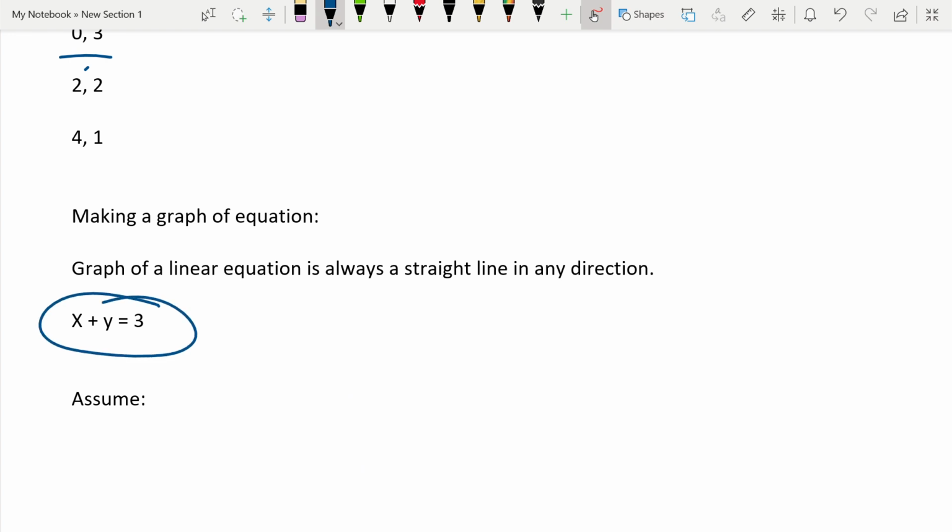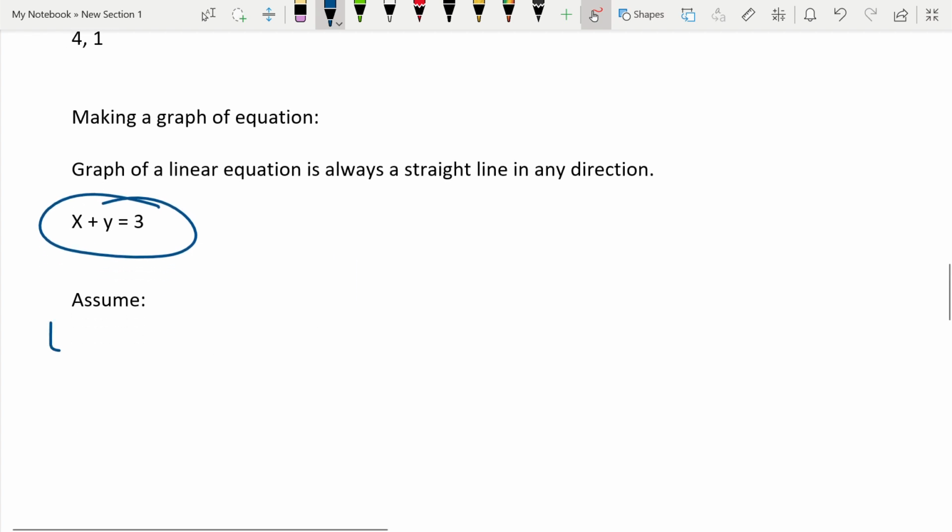Now, when you come across equations, you want to start assuming. You want to let x be something, let y be something. So let's let x equal 1.